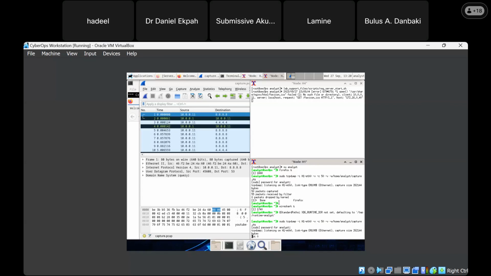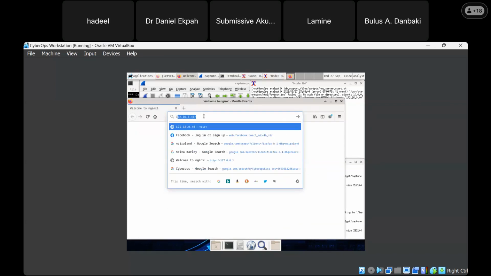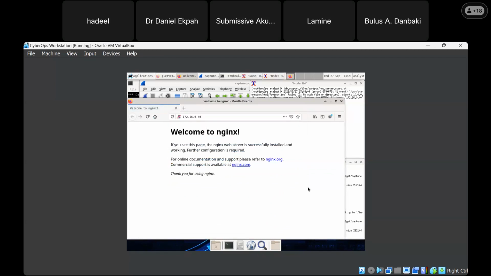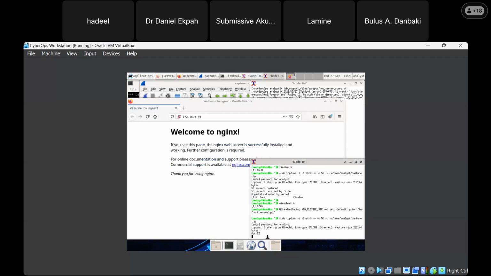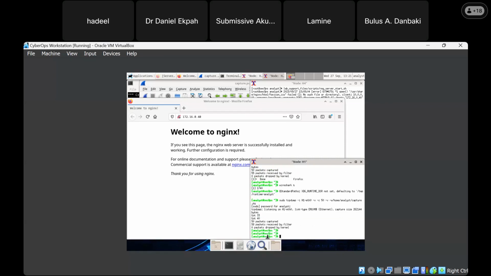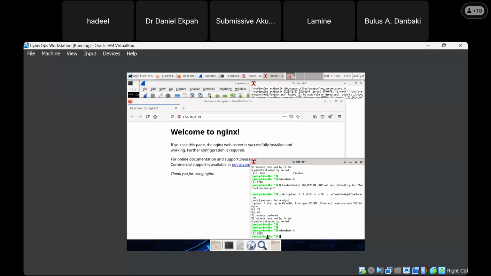Just like it's counting now, you quickly go. So if I go here and put it, and I capture this, then I can go back quickly while this is counting. Remember, this must count down for you to be able to do the Wireshark, except probably you did your step differently.